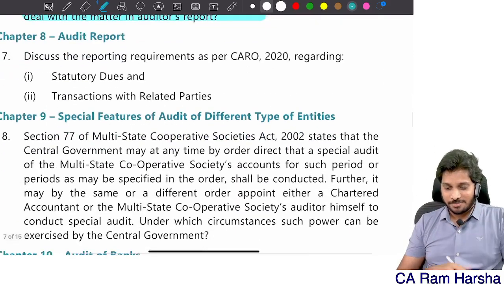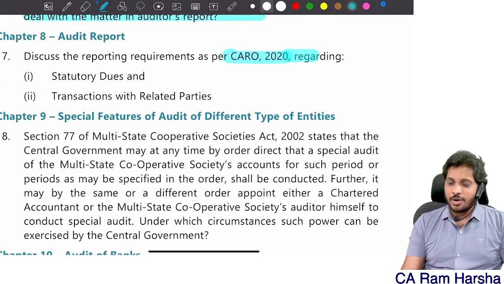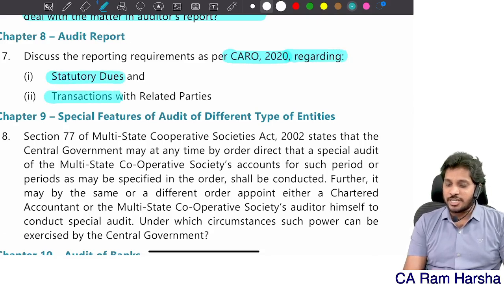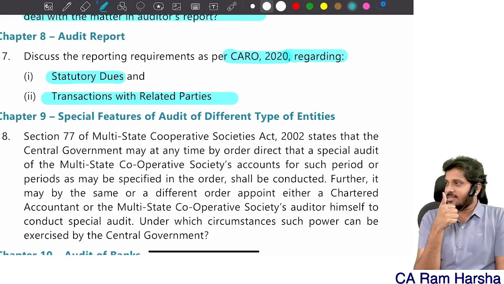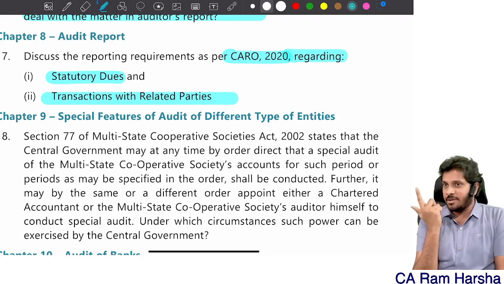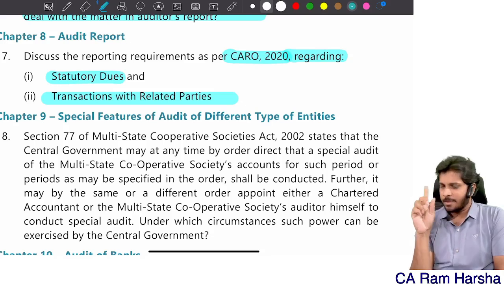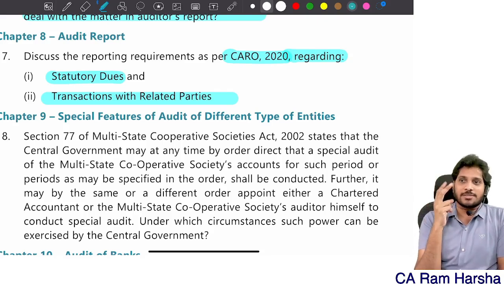Audit report. Discuss reporting requirements in CARO 2020 regarding statutory dues and transactions with related party. For transactions with related party: whether they were conducted in accordance with sections 177 and 188, and whether disclosures in the financial statements are as per applicable accounting standards. For statutory dues, we have 2 points.